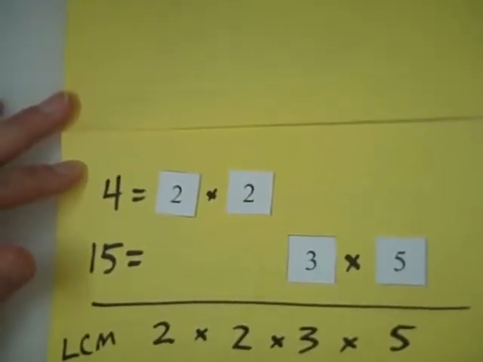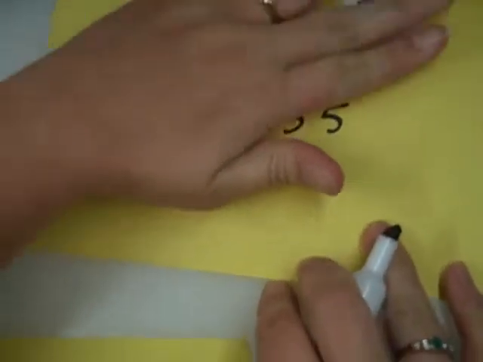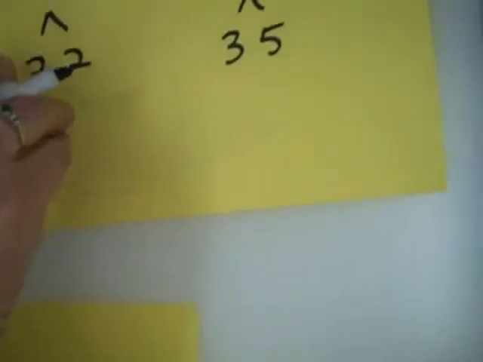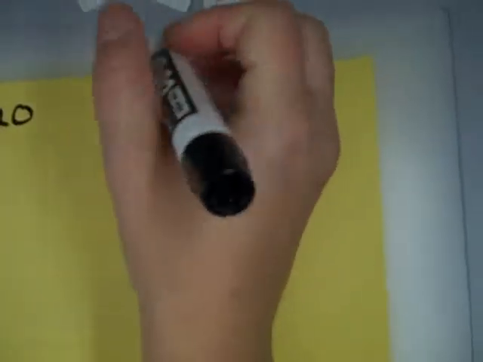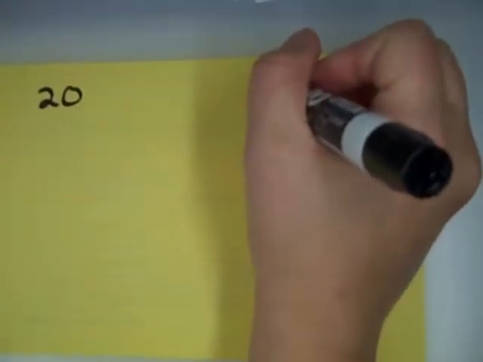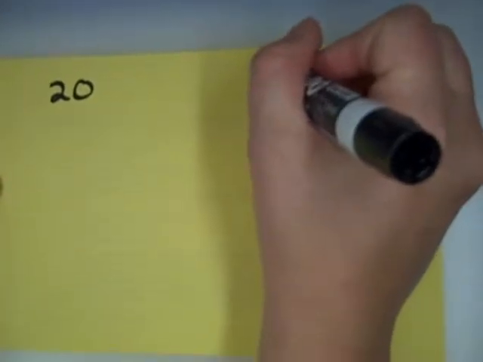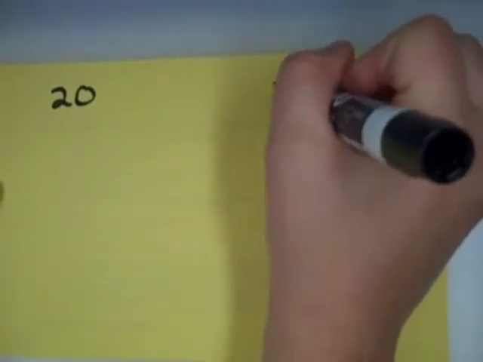Okay, let's do one that's a little harder now. Okay? So let's now do 20 and, yikes, 36. So we're trying to find a least common multiple for 20 and 36.